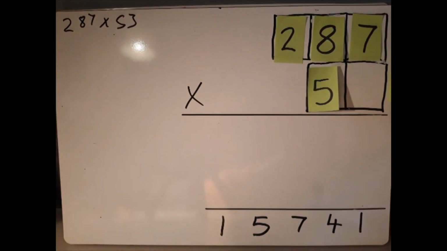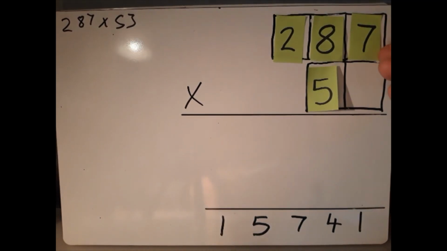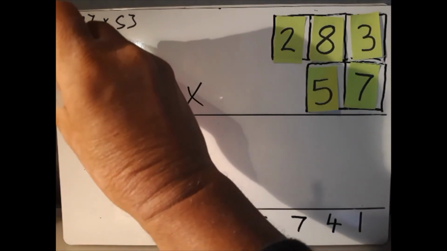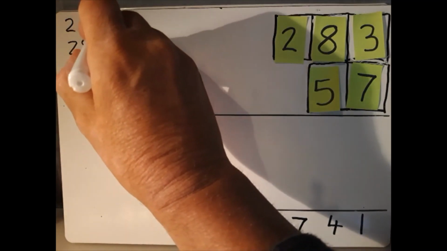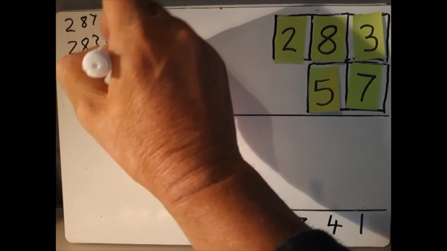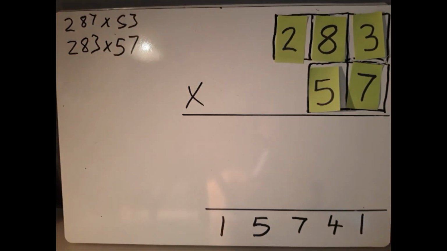If we swap these two around, we could also have 283 times 57. So we could have that as one of the calculations.